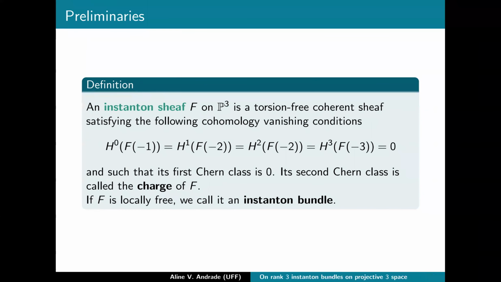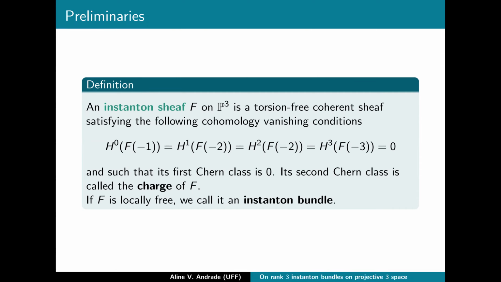So let's continue. An instanton sheaf on P3 is a torsion-free coherent sheaf satisfying the following cohomology vanishing conditions, okay? The first Chern class is equal to 0, and its second Chern class is what we call the charge of the instanton, okay?